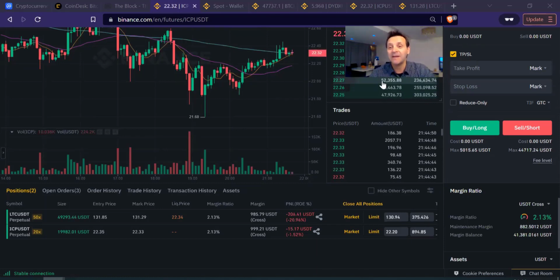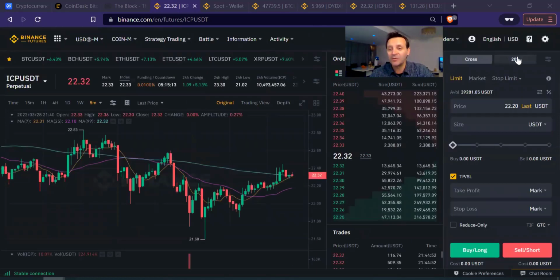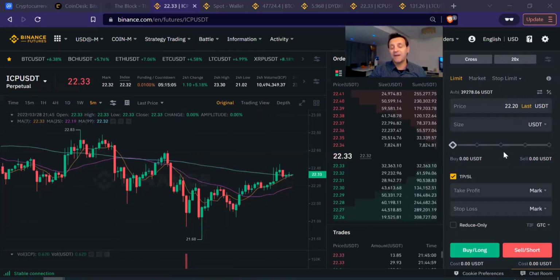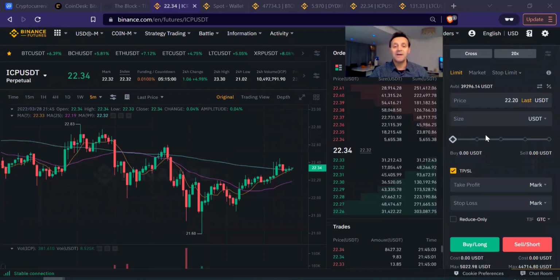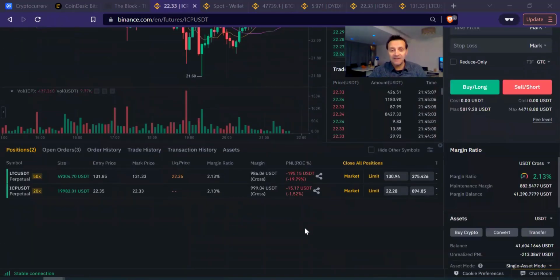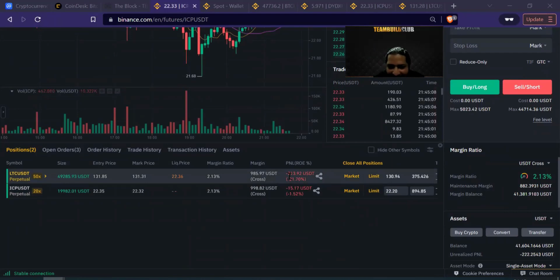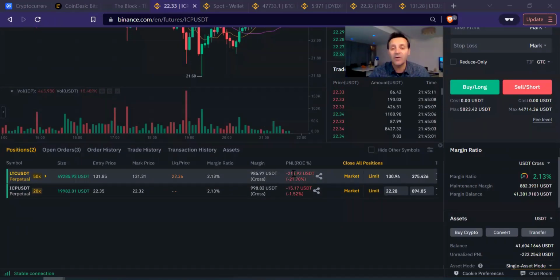But it doesn't mean you have to trade on a 20x leverage, which is more risky, or 10x. You can trade less, or you can trade 20x with less money. For example, you can trade with $100. What does that mean? If you trade $100, this would be a $21 loss.